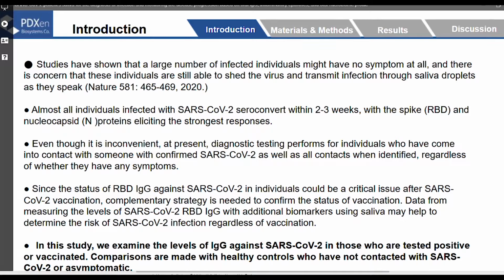With that background, in this study we examined the level of IgG against SARS-CoV-2 in people testing positive or vaccinated. Comparisons were made with healthy controls, and we can determine SARS-CoV-2 infection, even in asymptomatic people.